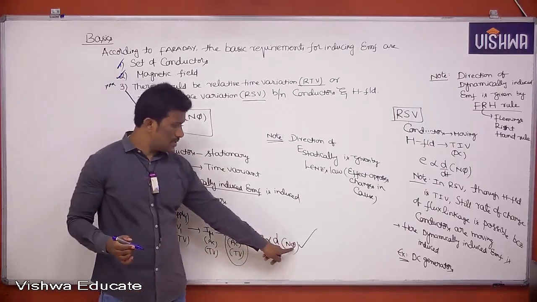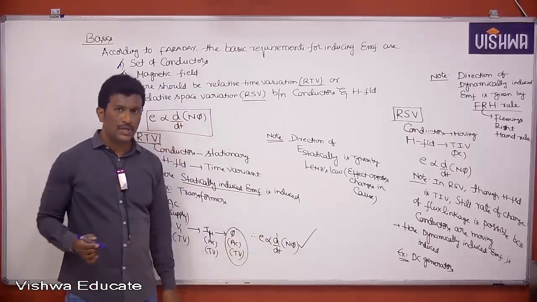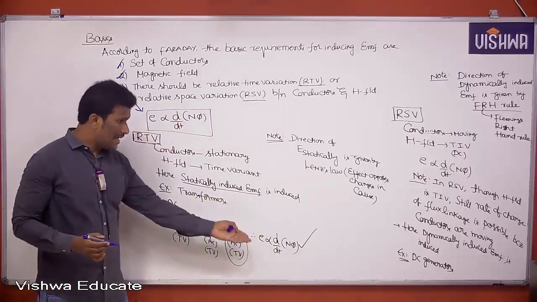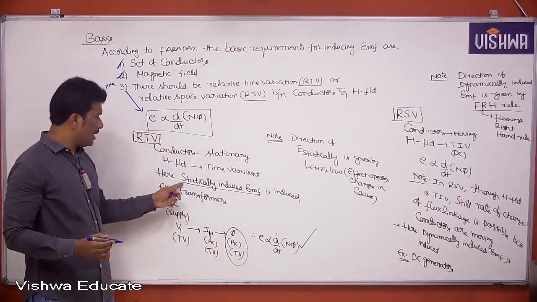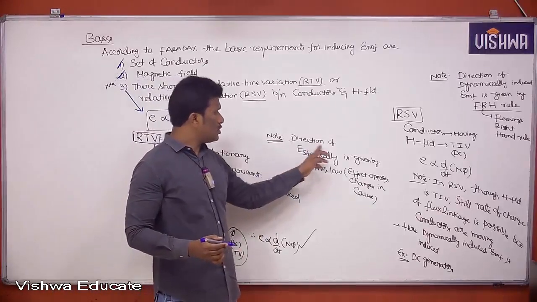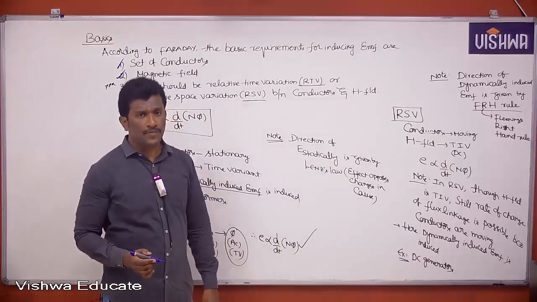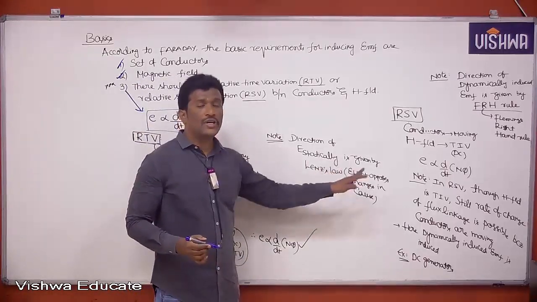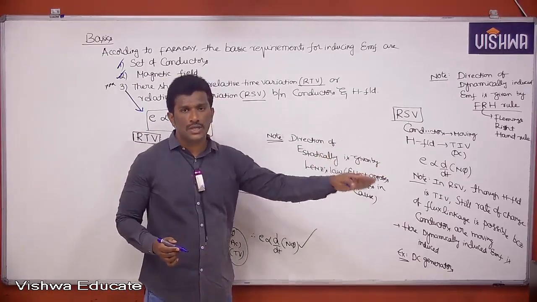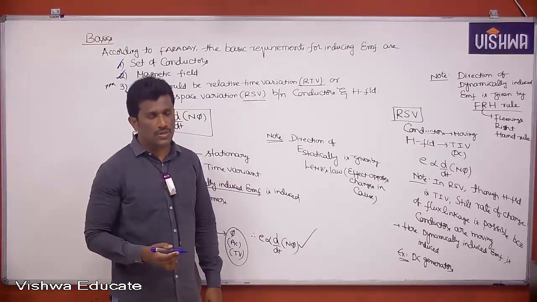So because flux is time variant, rate of change of flux linkage is possible, EMF will be induced. That type of EMF only I am calling static induced EMF. Example, transformers. And here the direction of static induced EMF is given by Lenz's law. Lenz's law means what? Effect opposes changes in cause. We'll discuss once we start the transformers topic.